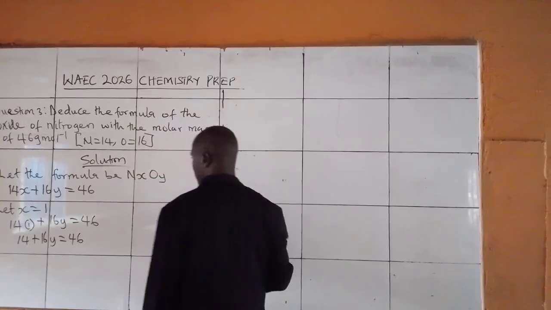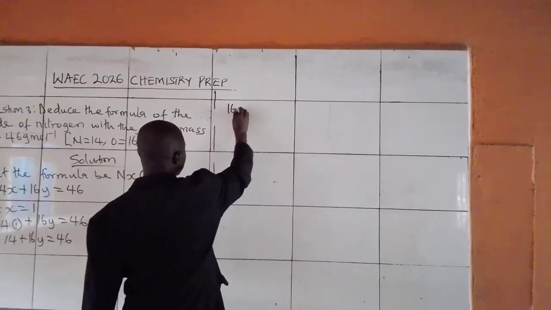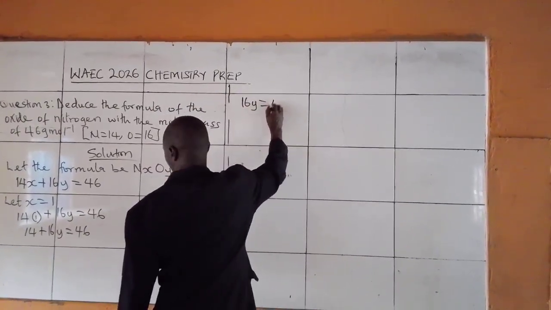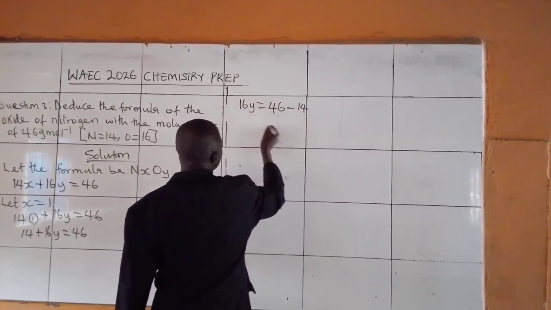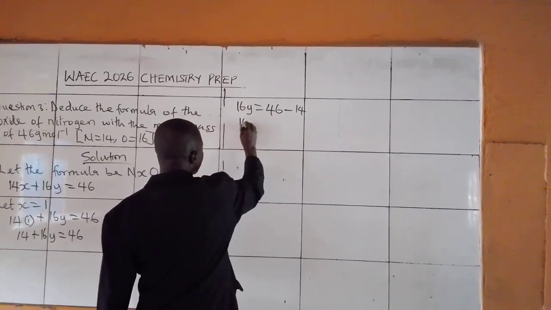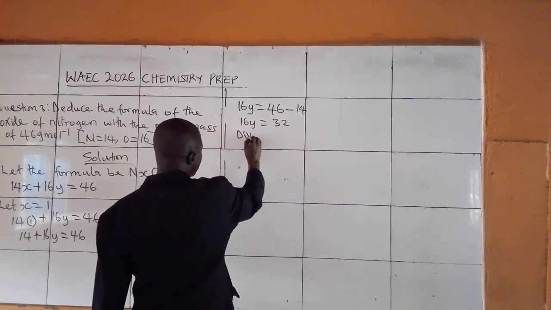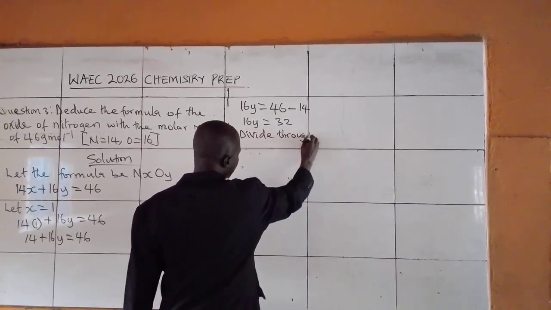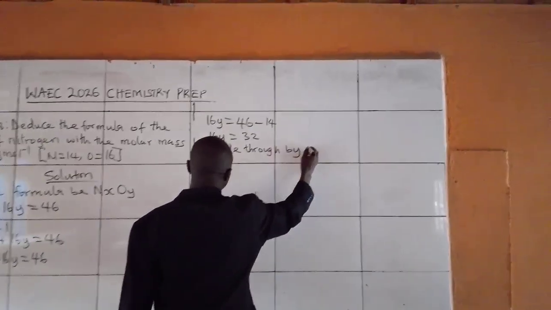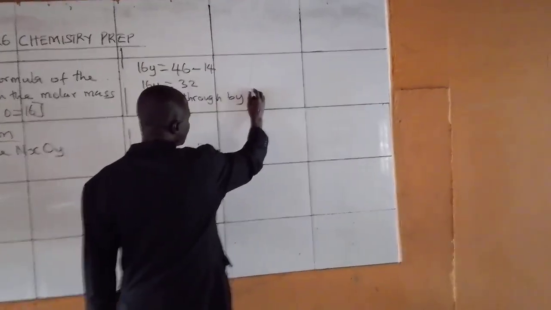From 14 plus 16y equals 46, we have 16y is equal to 46 minus 14. Then we have 16y is equal to 32. Now divide through by the coefficient of y, which is 16.